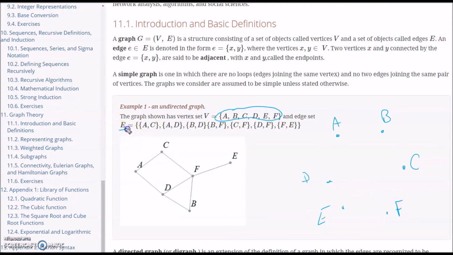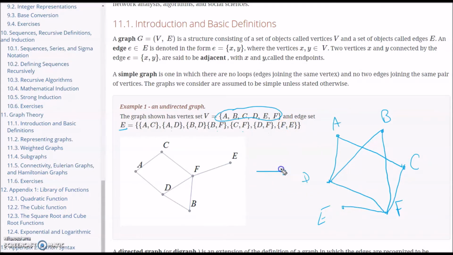And then here's my edge set. AC is in my edge set, so I have a line connecting A and C. AD is in my edge set, so I have a line connecting A and D. BD, so this line is in here. BF, so that line is there. CF, that one is in there. DF, this one is in there. And FE, this one is in there.